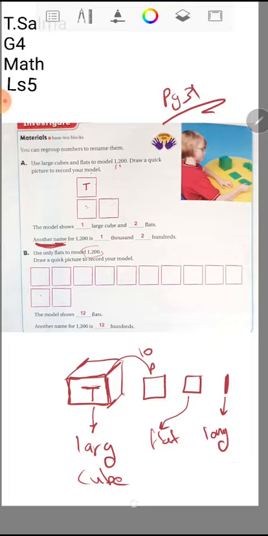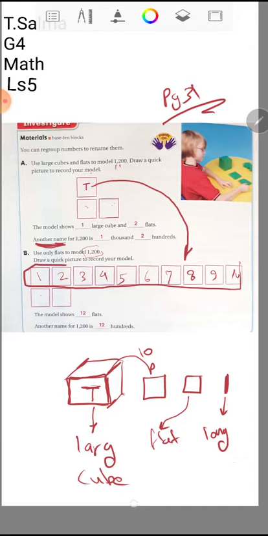How will I do that? Look, this is 1, 2, 3, 4, 5, 6, 7, 8, 9, 10. So I have here 10 flats. So here I break down this large cube into 10 flats, okay? Like this. So 10 flats here means 10 hundreds, right?